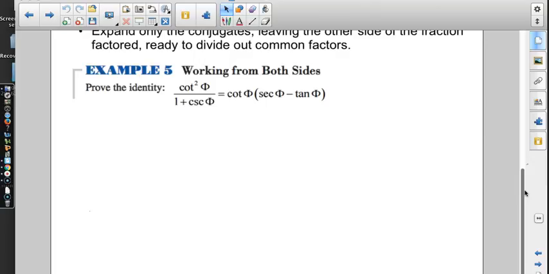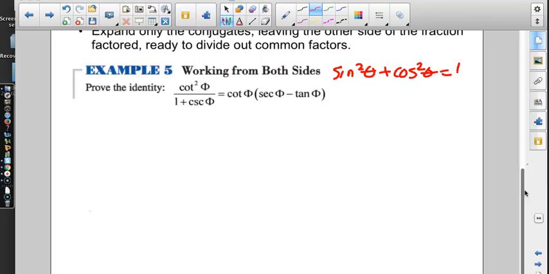So I go back to sine squared theta plus cosine squared theta equals 1. I think, okay, if I'm going to get cotangent, that has to be cosine divided by sine. So that would happen right here. If I divided this whole thing by sine squared theta, I'd get 1 plus cotangent squared theta.